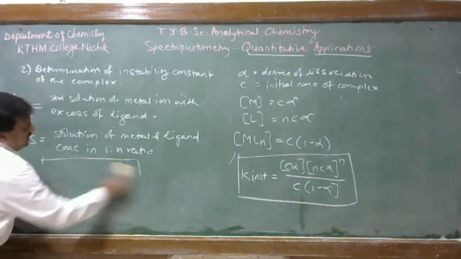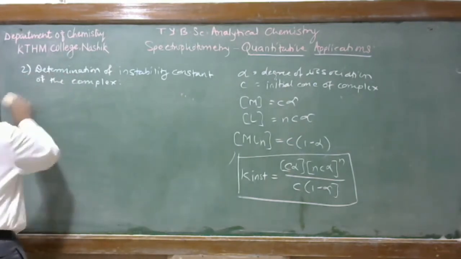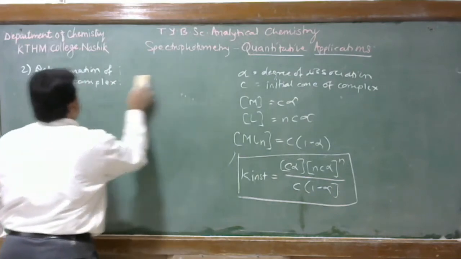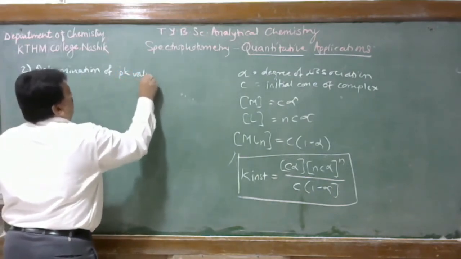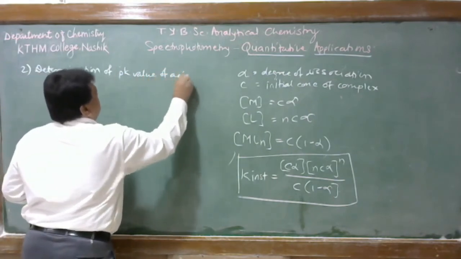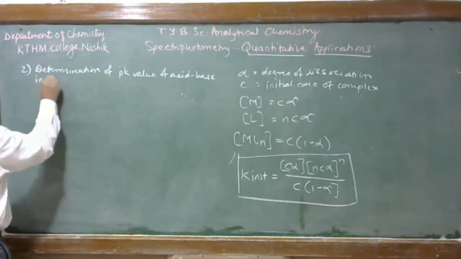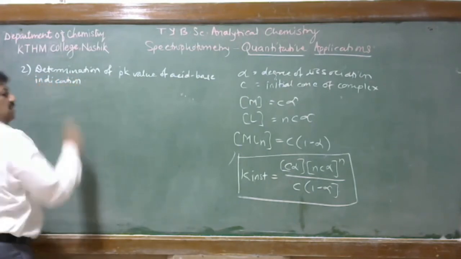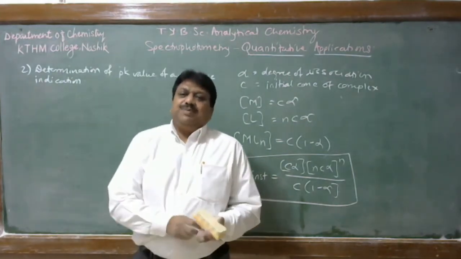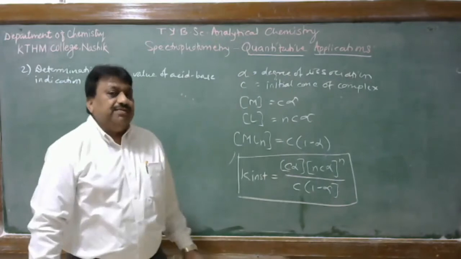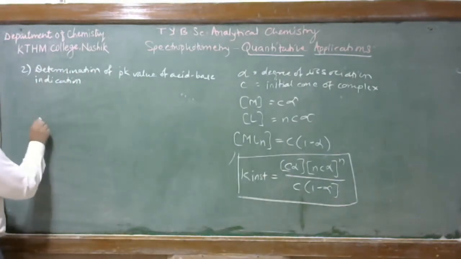Students, now we discuss the next application, that is determination of pK value of acid base indicator. We can determine the dissociation constant of an acid base indicator, that is the pK value of the indicator, by means of spectrophotometry. Suppose, for example, we have methyl red indicator.